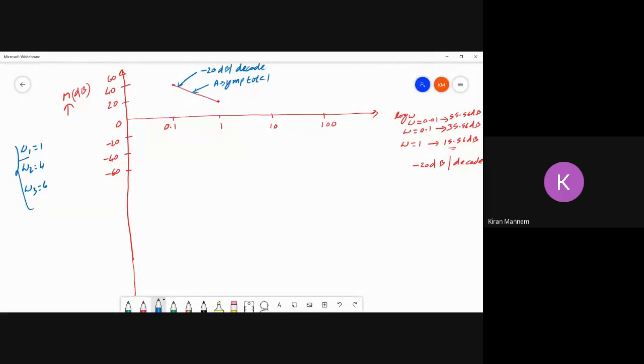So till this point we had the minus 20 dB per decade line. After that we need to find out the slope of the straight line till the next corner frequency. So the next corner frequency would be 4, and this could be 6, right?